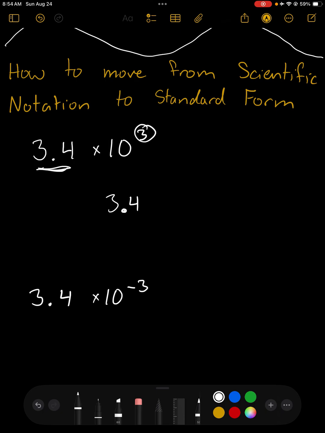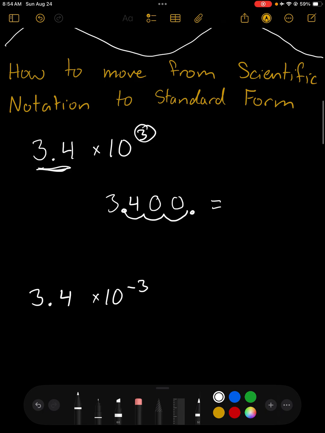So here's where the decimal is starting out. This exponent is a positive value, so I'm going to move my decimal point in the direction that makes that number bigger. I'm going to move it 3 spaces to the right. 1, 2, 3. And I'm going to put it right there. Any of those empty spaces, I'm going to fill with zeros.